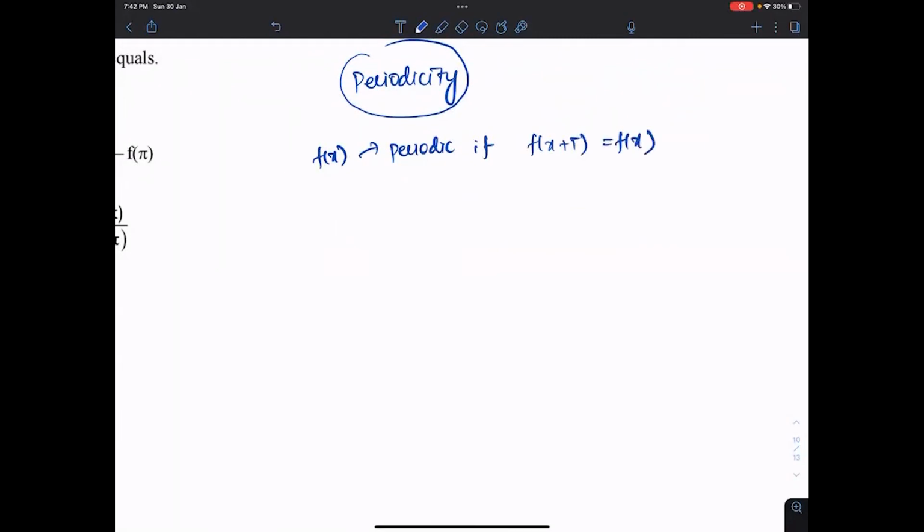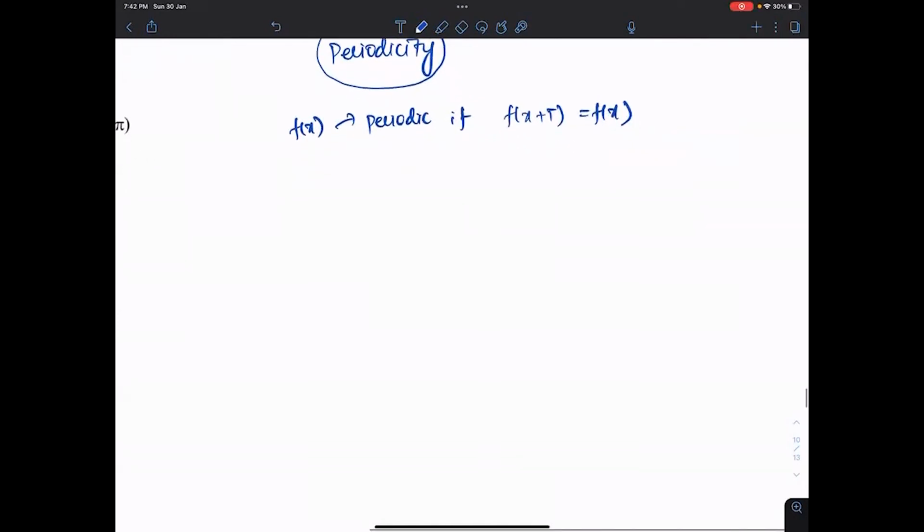Okay. One second, guys. Yeah, periodic if this is there. Okay. Now on periodicity, there are three basic rules.